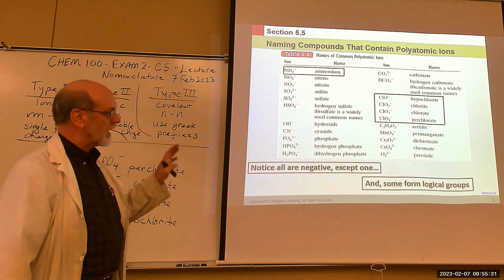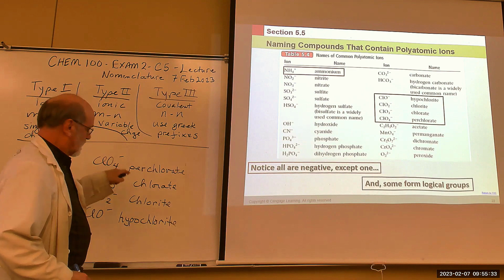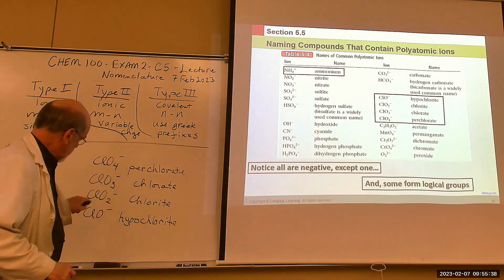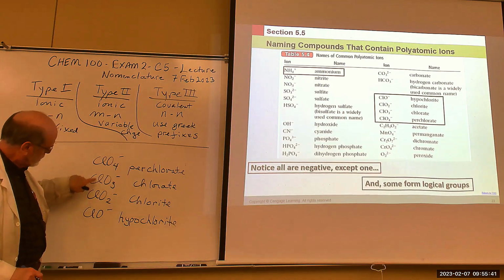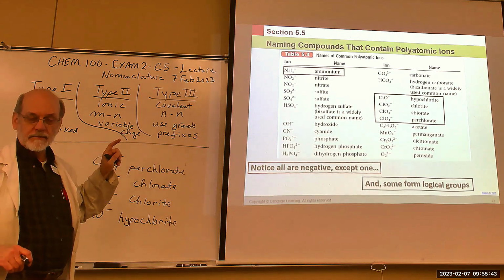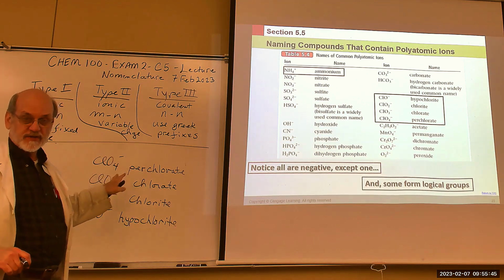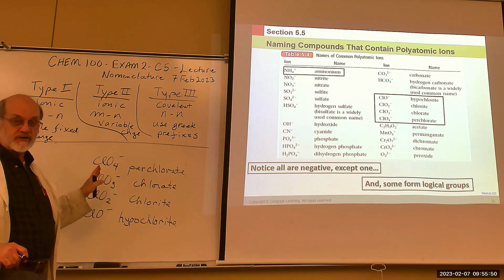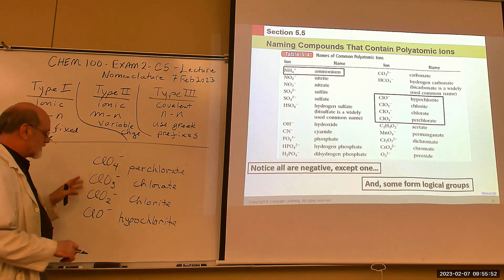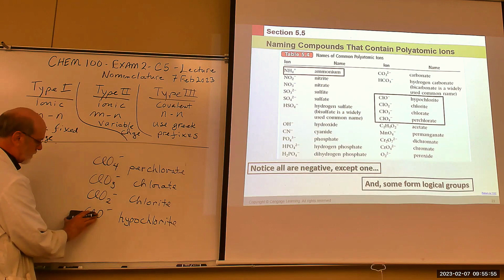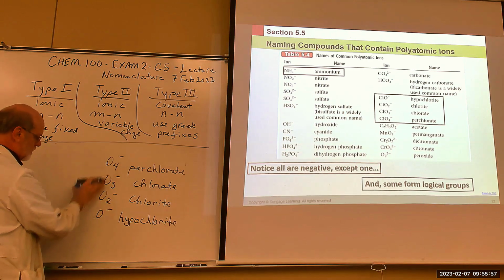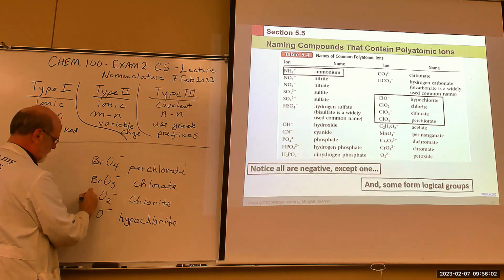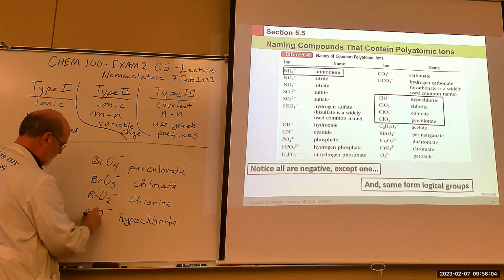There are several that work like this. The nice thing is that if we substitute a different halogen in that position from this family, the naming conventions are the same. So what if I substitute a bromine in here? It's a halogen, just like chlorine.